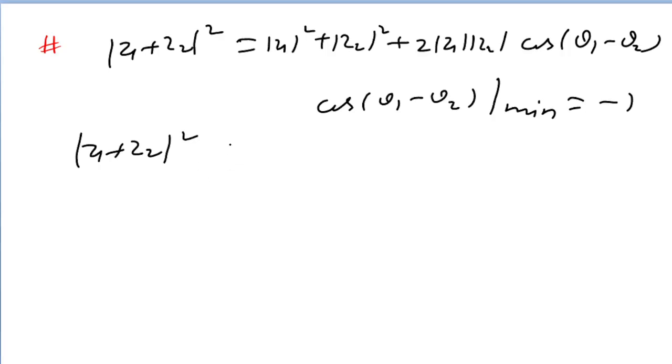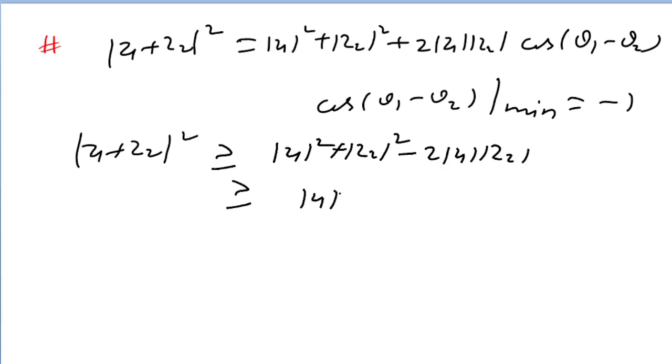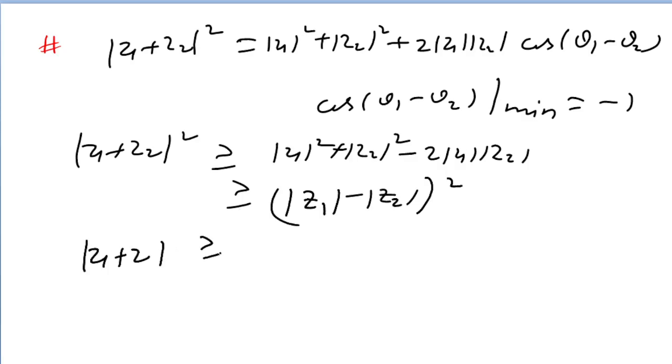Minimum value means it's greater than or equal to |z1|² + |z2|² minus 2|z1||z2|, that is nothing but (|z1| minus |z2|)². So taking the modulus on both sides, |z1 + z2| is always greater than or equal to ||z1| minus |z2||.